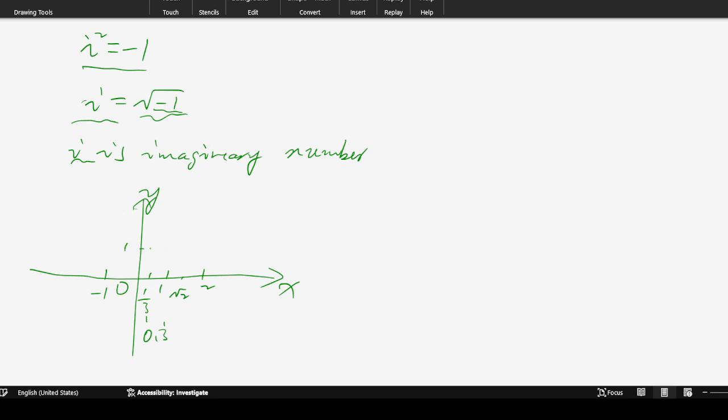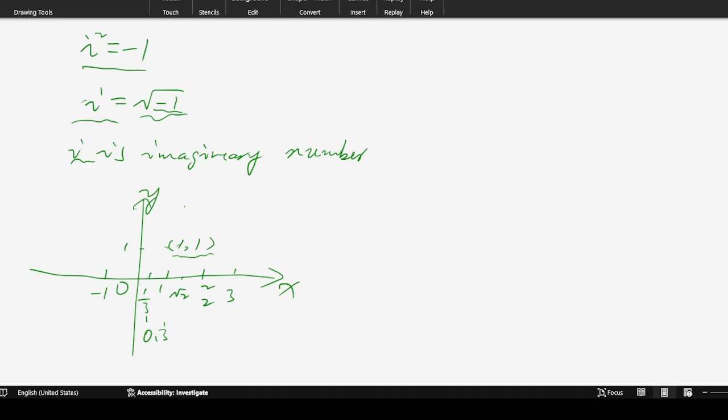For example, this point is 1, and its position, we know it's 1 comma 1. How to write this position with algebra? We can write this position with the imaginary number.